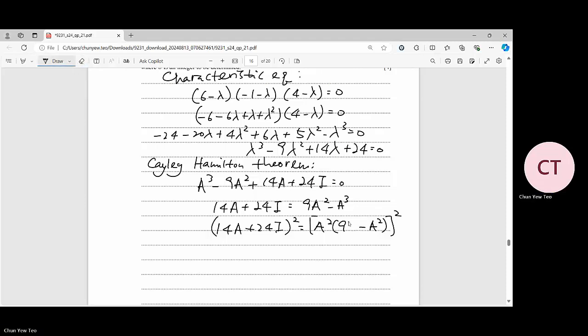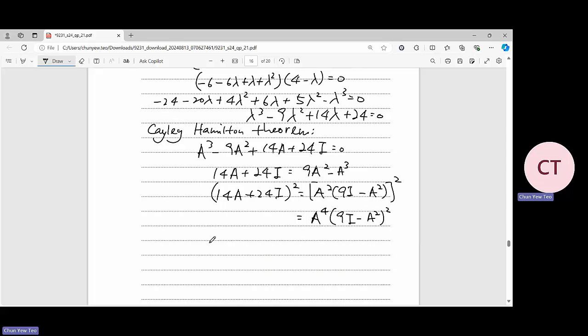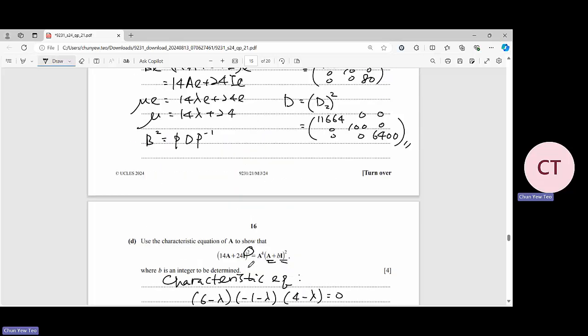Okay. Then the A squared, if you square it, you will get A to the power of 4. This one will be 9I minus A. But you can see the answer over here, they stated they want the A to be in front, the B behind. Oops, sorry, this one is cubed. So when I take the square out, this will be only power 1, no more square. So you can see that they want the A power 1 to be in front.